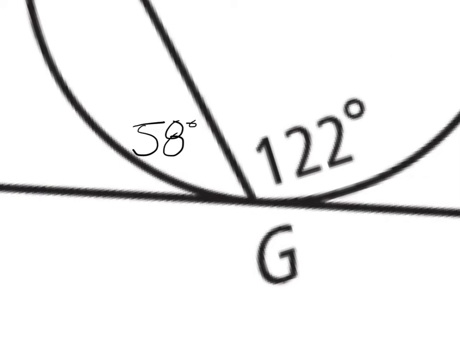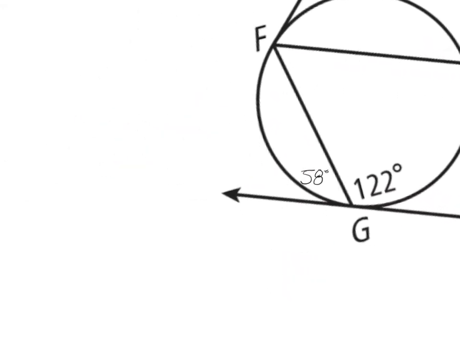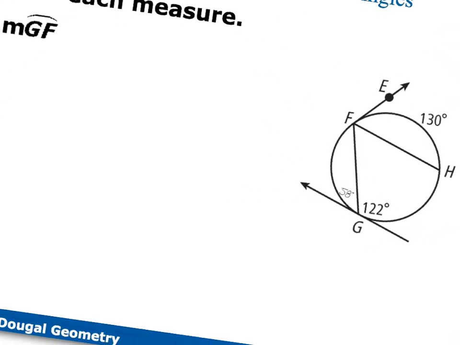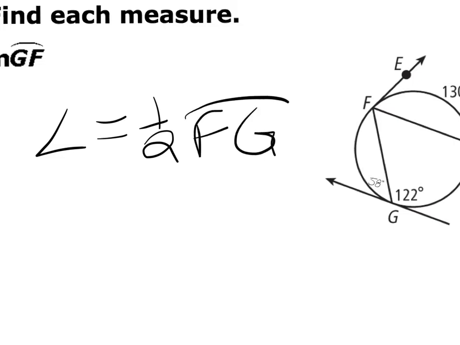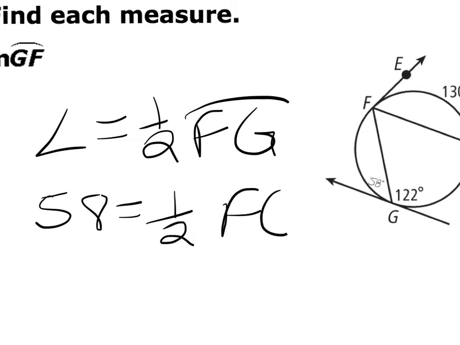Now all I have to do is zoom out, and now I've got this angle is 58. So to find this arc, all I have to do is double it, because the theorem tells me that an angle is half the arc. So since 58 is my angle, and I'm looking for the arc, I just put it in all like this.